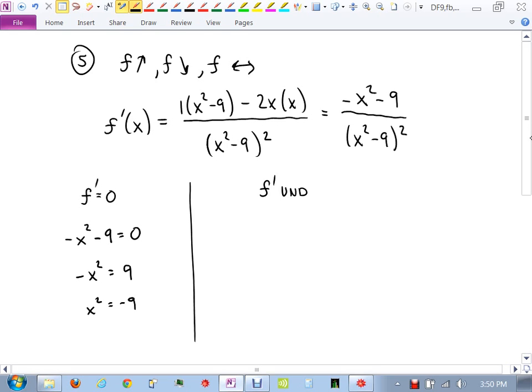Did I write the problem down wrong? What was the original function? Okay, the original function was f of x equals x over x squared minus 9, right? To go from here to here, I distributed the 1 through, which doesn't change anything. It's just x squared minus 9.